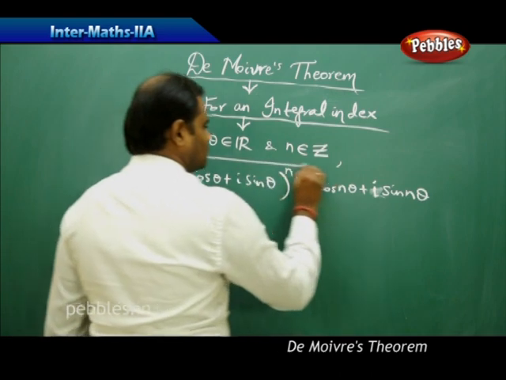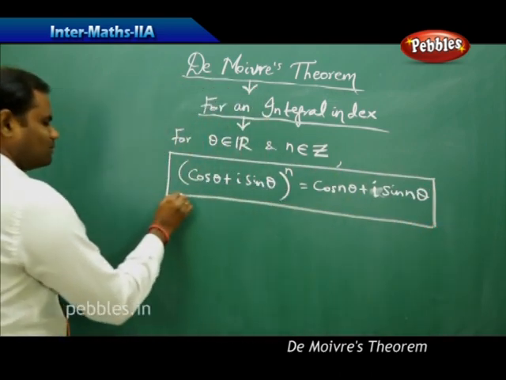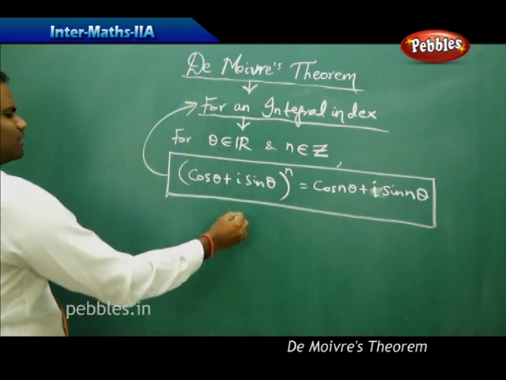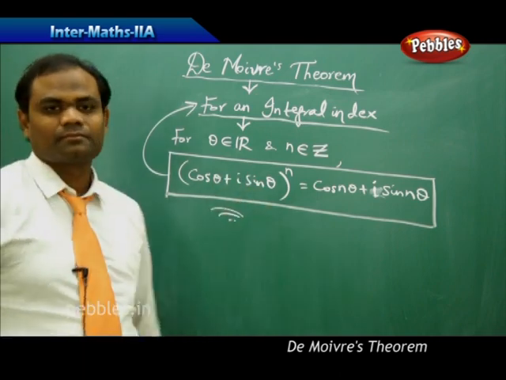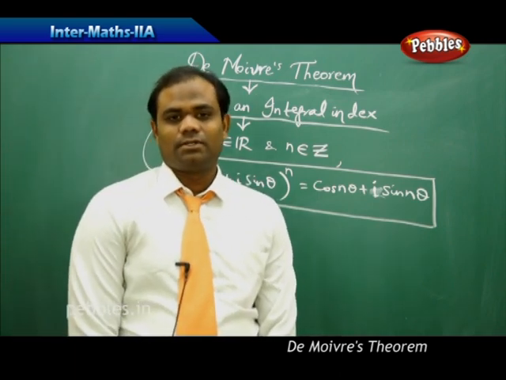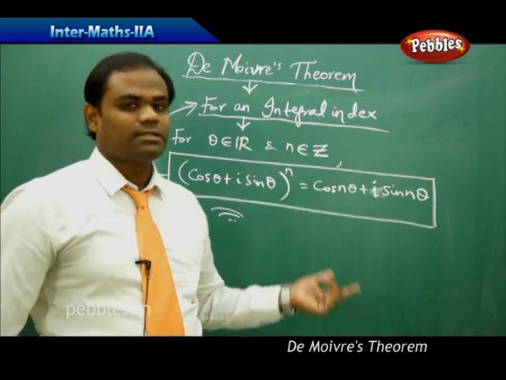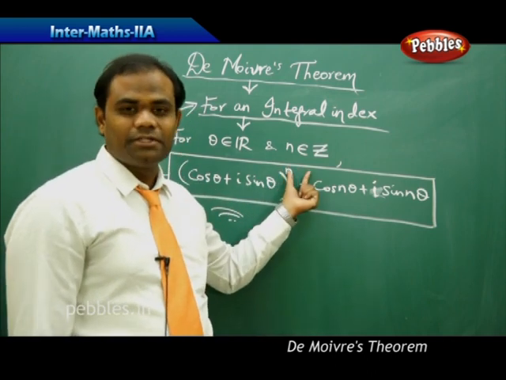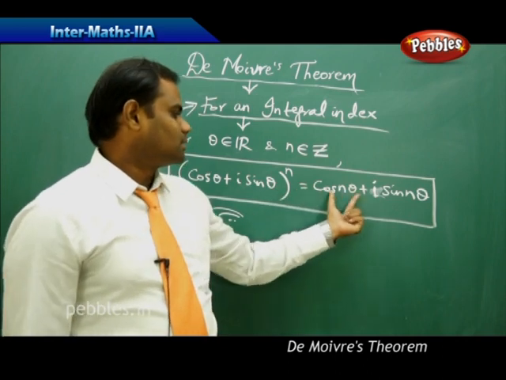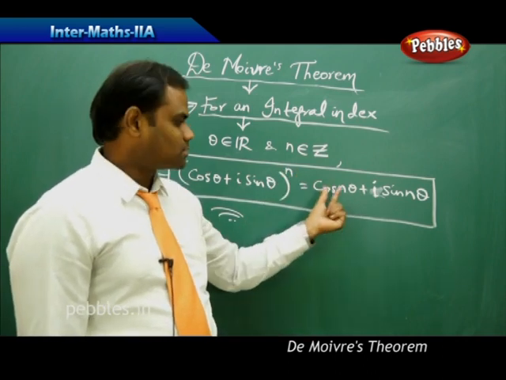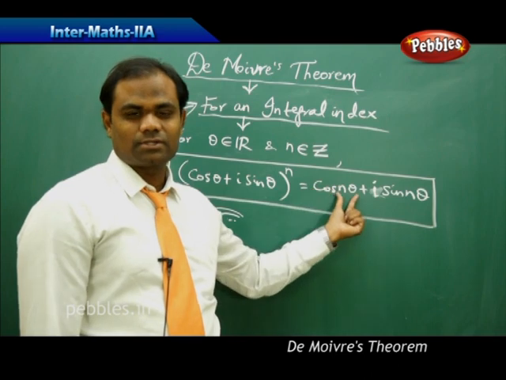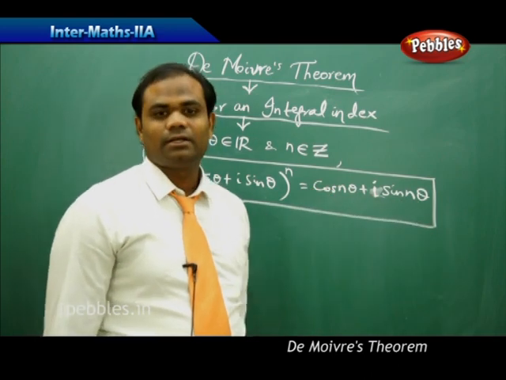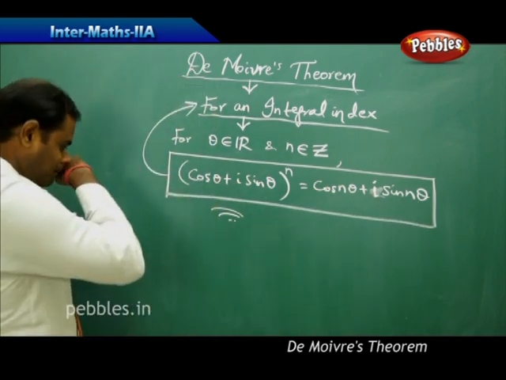This is how we have De Moivre's theorem for an integral index, because cos theta plus i sin theta is a complex number which, when raised to an integer n, gives directly the index coming to the angle as cos n theta plus i sin n theta.